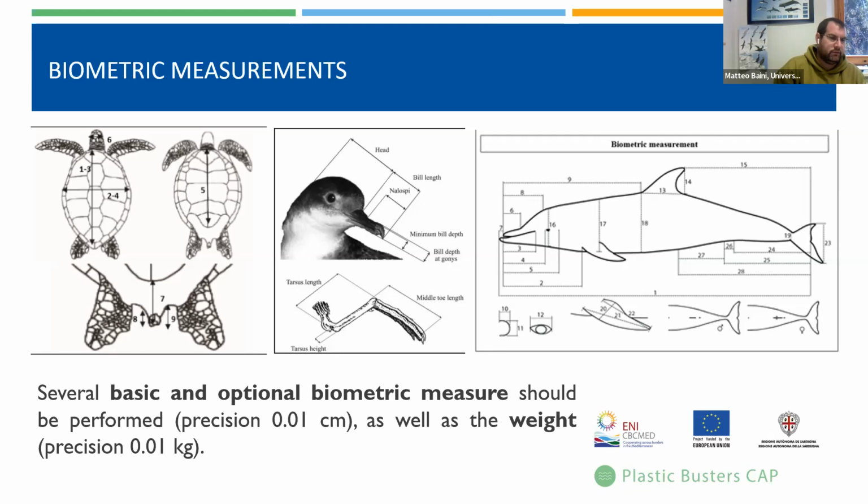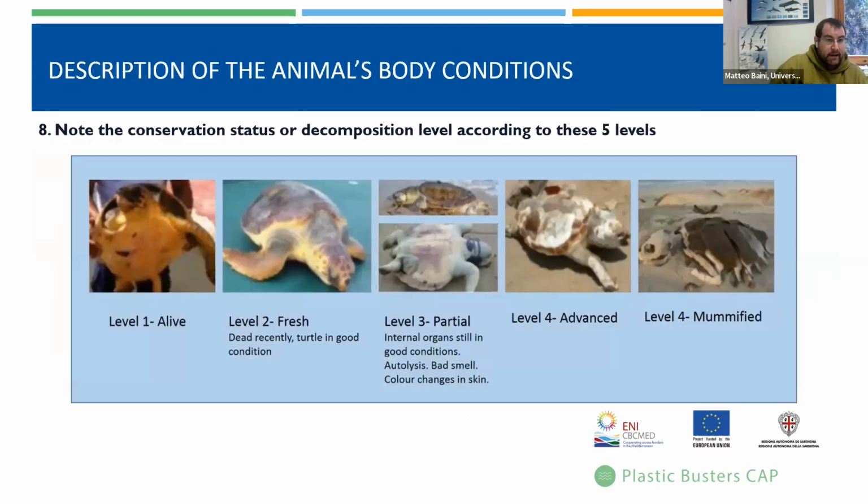Obviously for sea turtles and seabirds it's easier, while for small cetaceans and especially large cetaceans it is more difficult, but we can collect the information at least to 0.1 kilograms. Then we have to note the conservation status and the body condition of the organism.